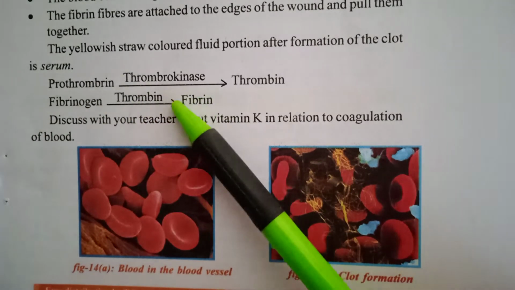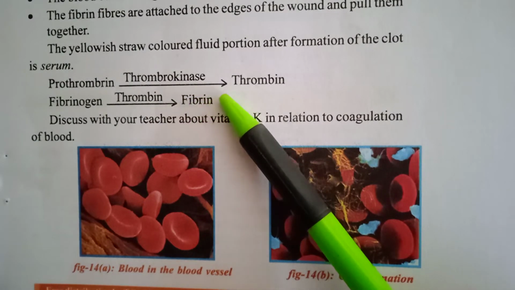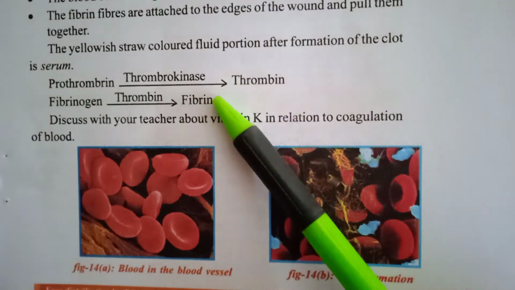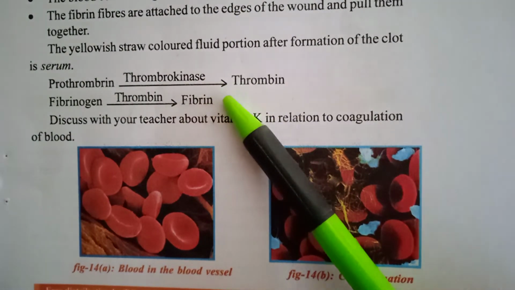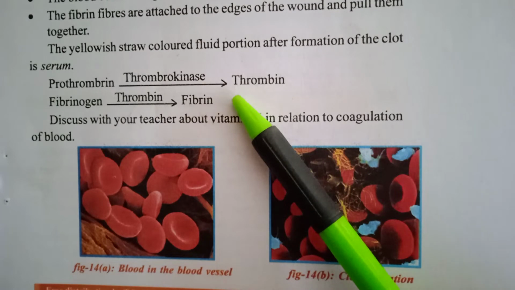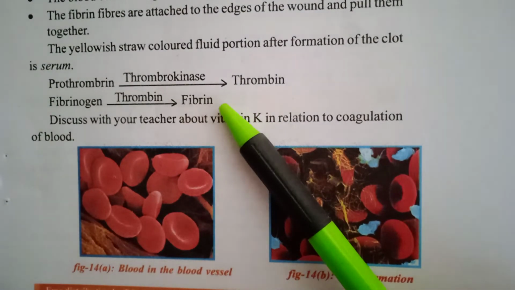These fiber-like structures form threads, and they pull the edges of the wound. Thereby, at the site of the cut a clot is formed, and that clot seals the wound. Finally blood does not flow out of the cut or injury, and that is called clotting of blood.